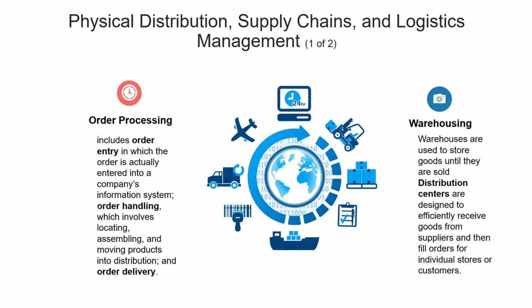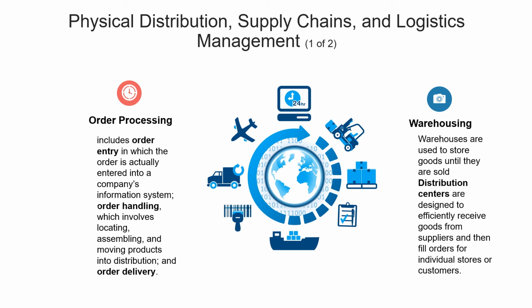Physical distribution, supply chains, and logistics management. Order processing includes order entry, in which the order is actually entered into a company's information system, and order handling, which involves locating, assembling, and moving product into distribution, and order delivery.